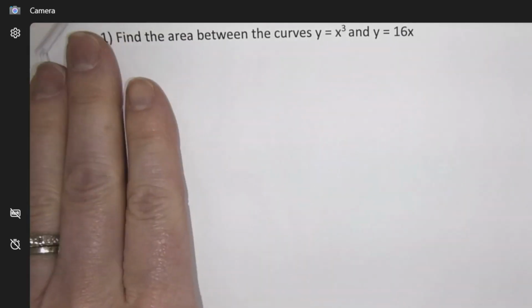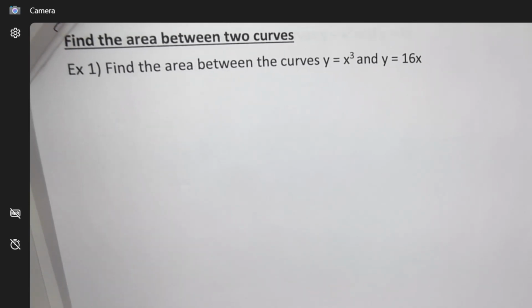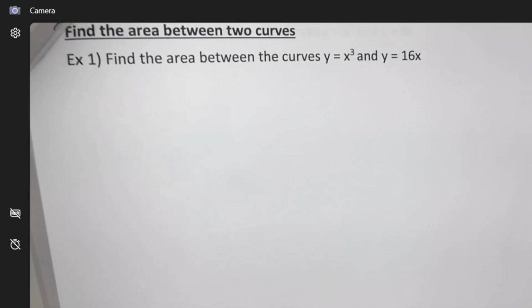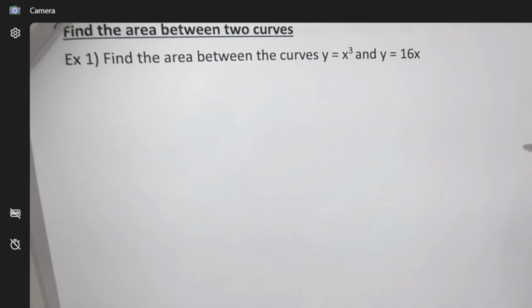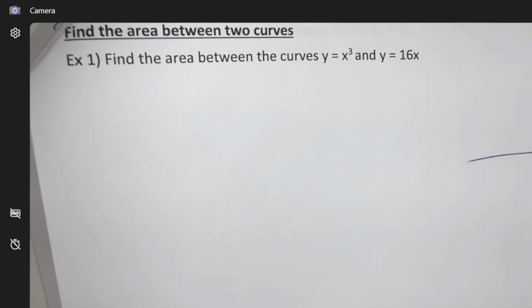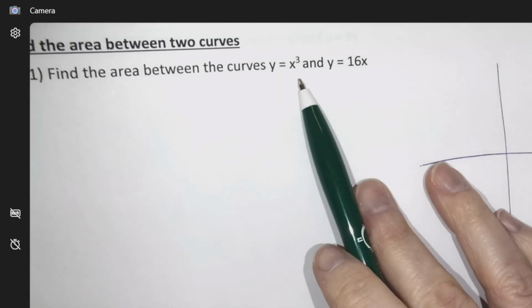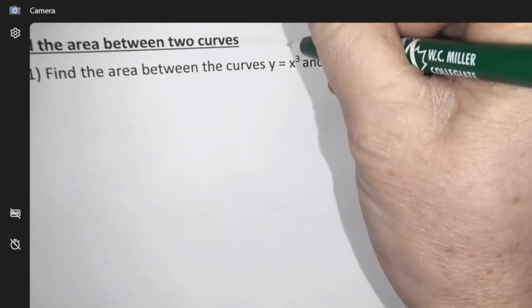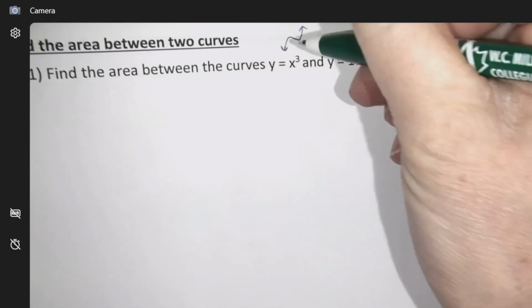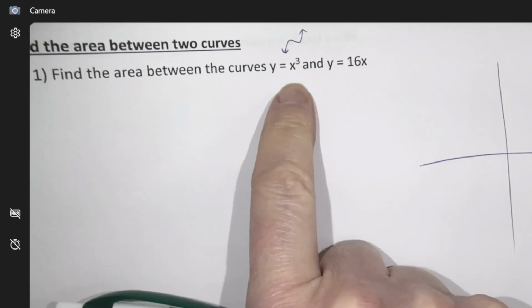Okay, next type. So this one is the area between two curves. Okay, so here's the visual. Cubic, x cubed. Do you know what shape a cube makes? Okay, a cube is an n.